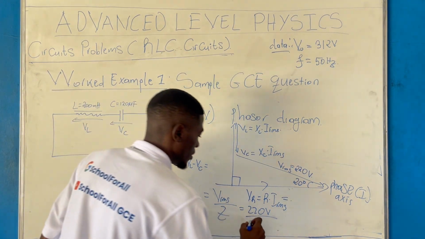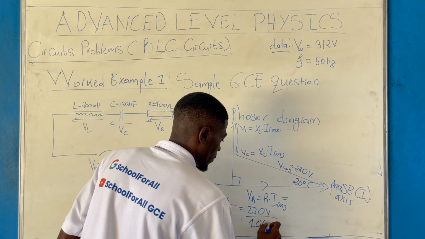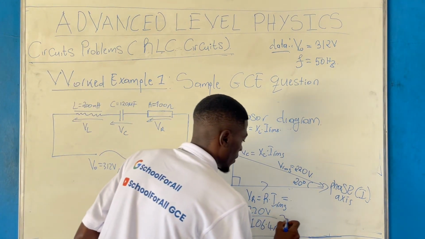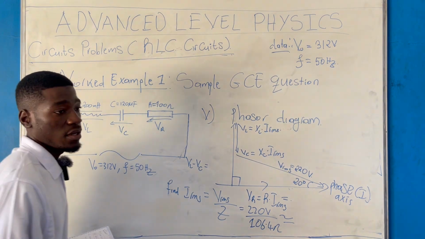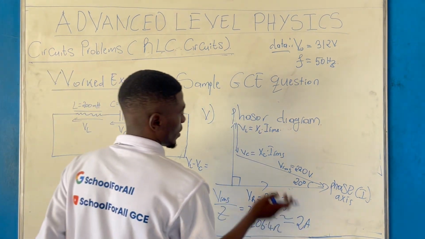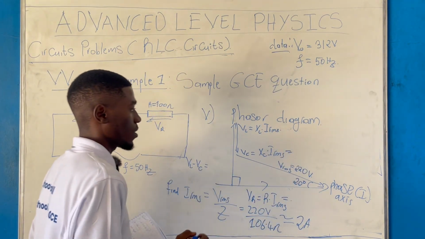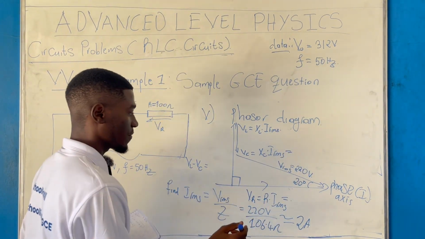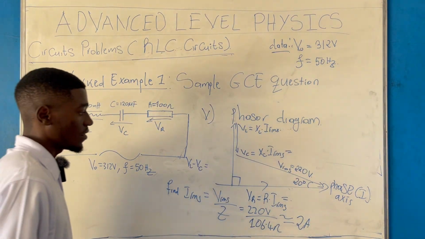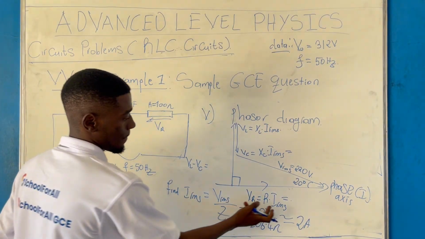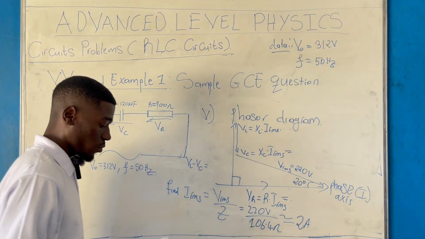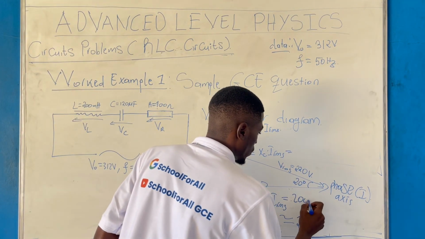Okay, and the impedance is 106.4 ohms. That's it. After numerical application, you come out with slightly equal to 2 amperes. So you replace it here. VR, first of all, replacing the value of 2 A here and our resistance of 100 ohms, is slightly equal to 200 volts.